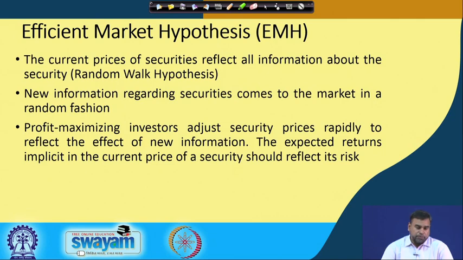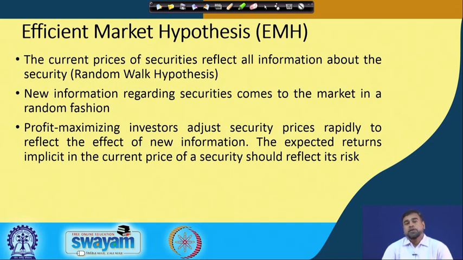So, what does the efficient market hypothesis mean? According to Fama, the efficient market hypothesis is that the current prices of securities reflect all information about the security. Why? Whenever we see the price of a particular stock or a particular bond, we should ensure that the price reflects all available information.